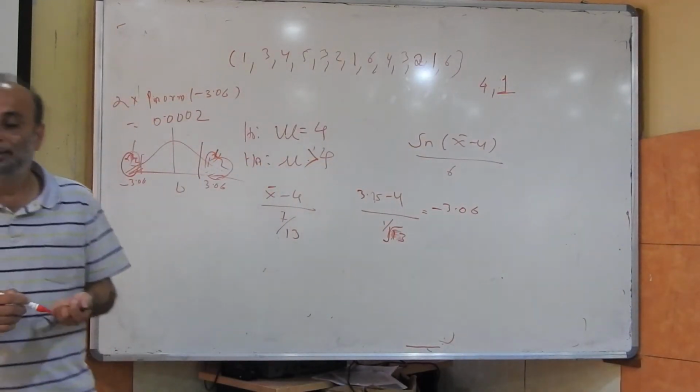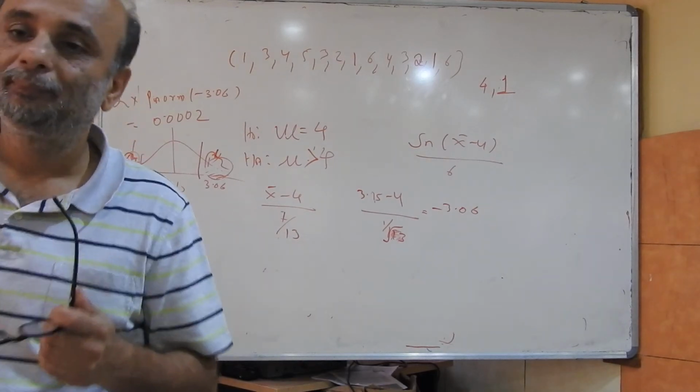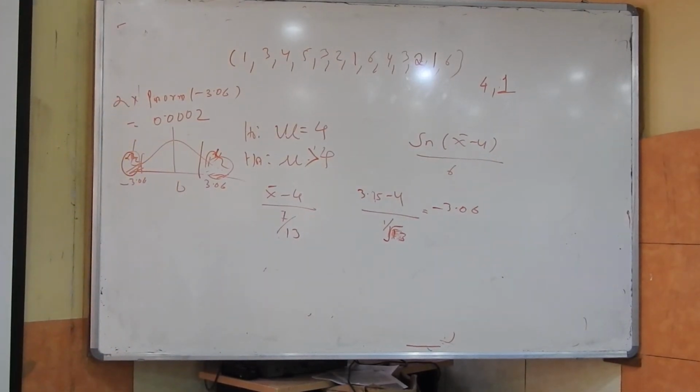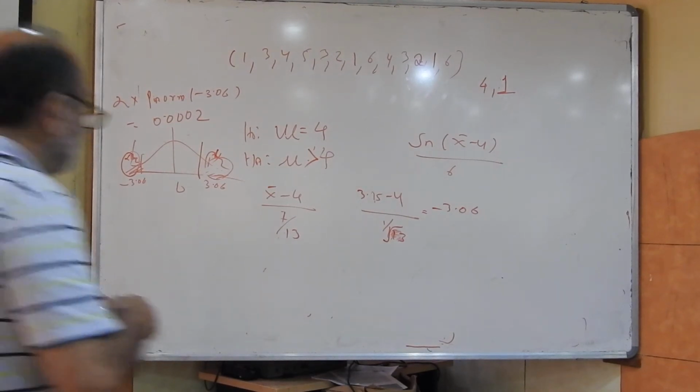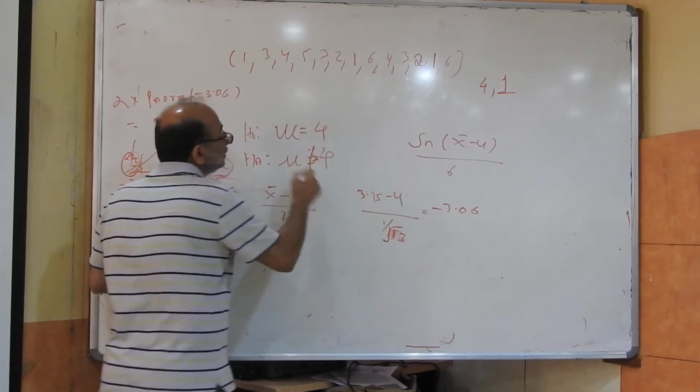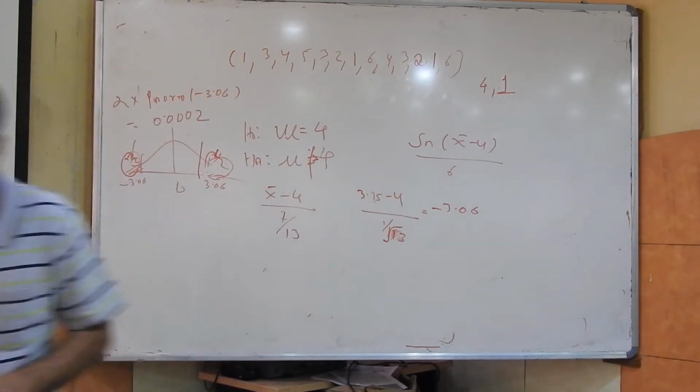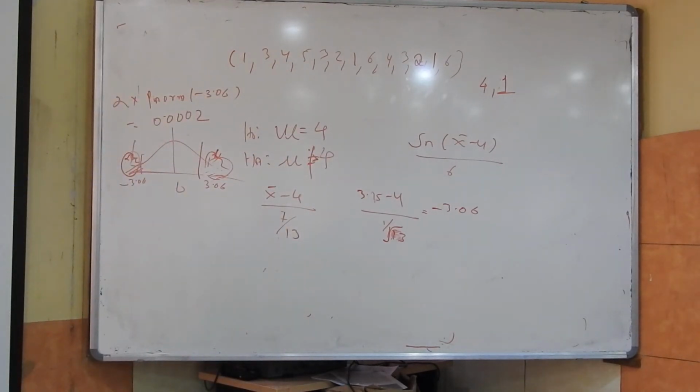Okay? I have a question. When we got negative 3.06, we should have taken only the left side. Why have we taken the right side? No, because my hypothesis there was the alternative mu is not equal to 4. So my null hypothesis was that the average orange in this box weighs 100 grams.